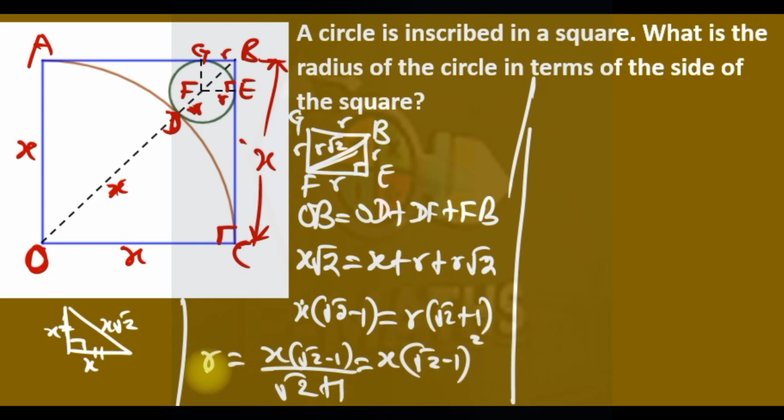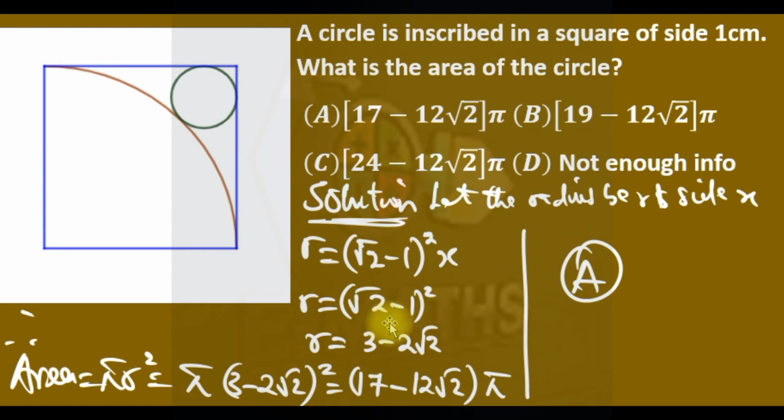That's our radius, which if you expand is the same as (3 minus 2 root 2) X. That's why I used this first. So that's how I got A. Thank you.